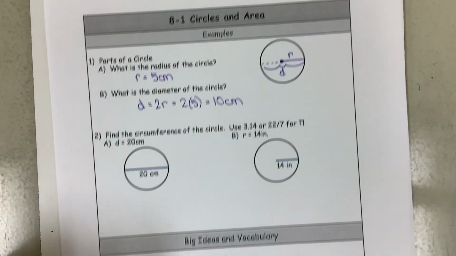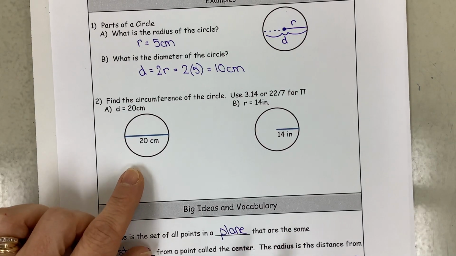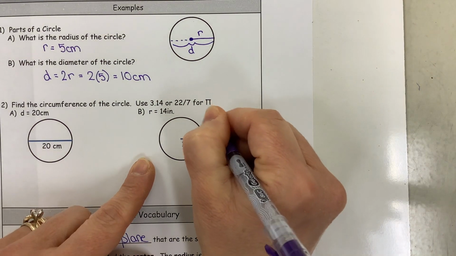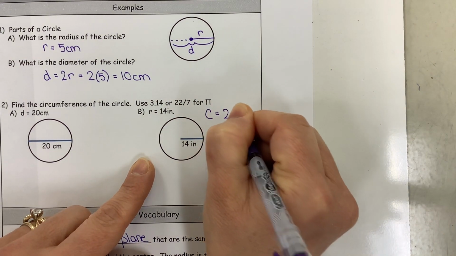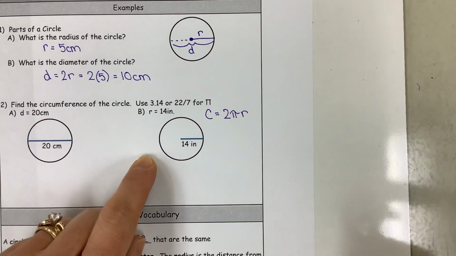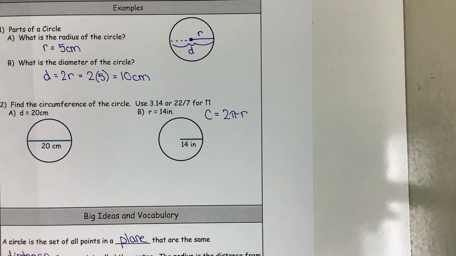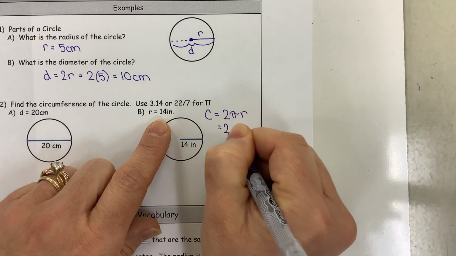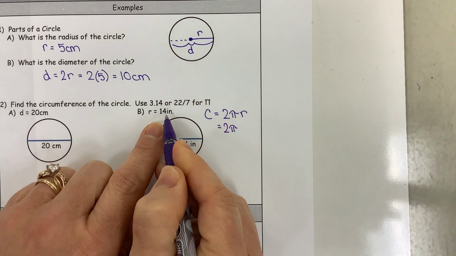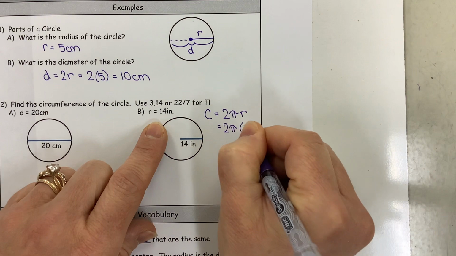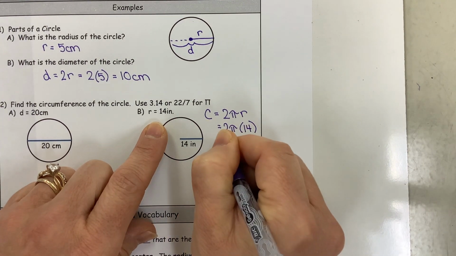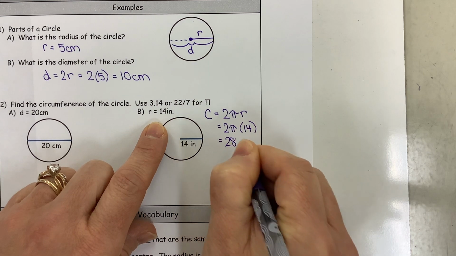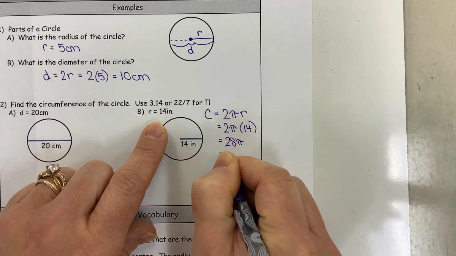Now we're going to use that information as we do our circumference. We're going to start on this one. Okay, so we're going to write circumference equals 2 pi r. You need to write that every time so that you can get it in your head. We have 2 times pi times our radius, which they gave us as 14. I know 2 times 14 is 28, so I can simplify this to 28 pi.